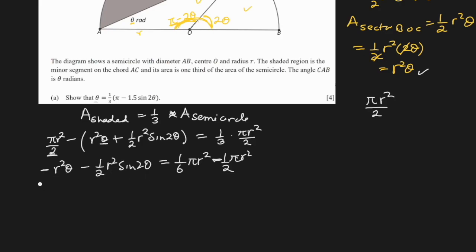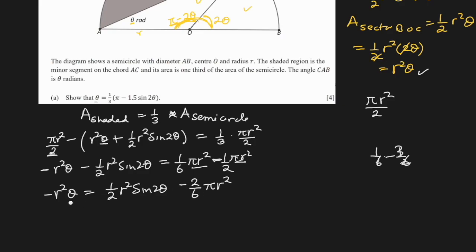So let's write here minus r square theta equal to, I'll bring this one here to the right side, half r square sine 2 theta. Okay, now pi r square, that's exactly same if I write 1/6 minus half. So I can write this as 3/6. So it becomes minus 2/6, minus 2/6 pi r square.